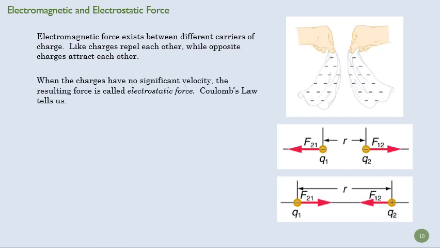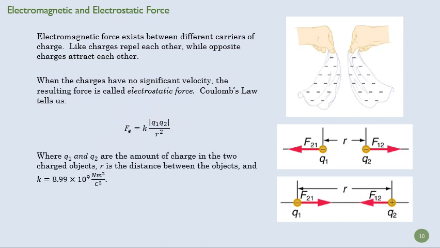And when they don't have any kind of velocity, we call this an electrostatic force. That is, they're like statics before. There's not much moving, and so we're just interested in the way that they're acting on each other without the effects of movement between them. And Coulomb's law is the equation that tells us what that electrostatic force is. K here is a constant.